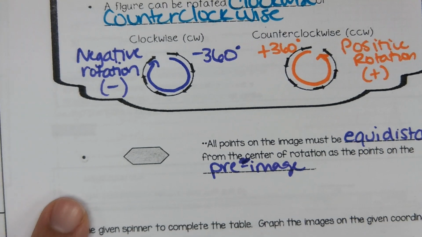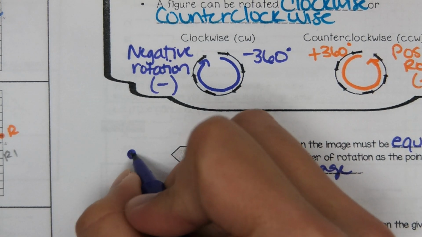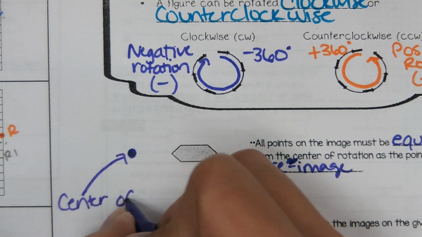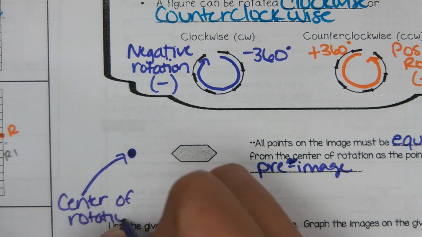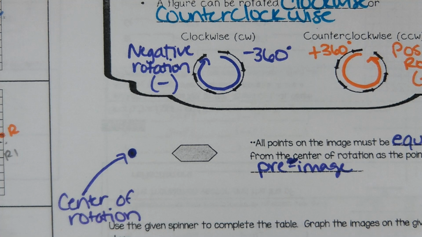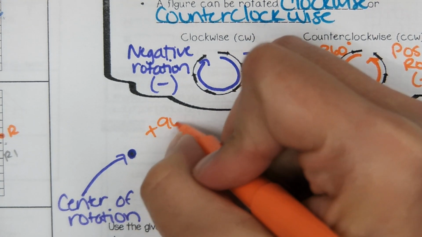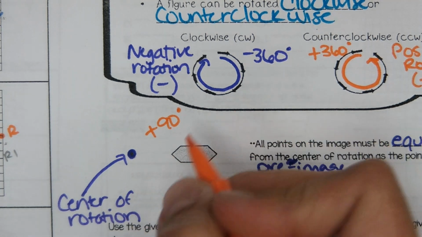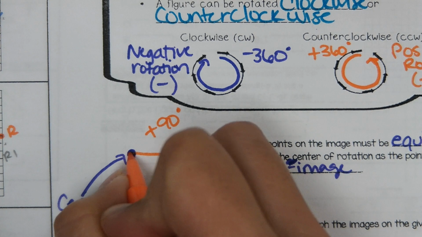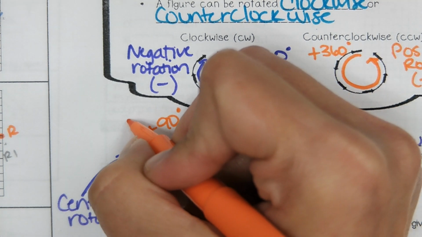Okay, so in this picture right here, this dot is going to be the center of rotation. This is what the shape is rotating around. So for example, if we do a positive 90-degree rotation, this distance right here from the center of rotation to the shape has to be the same over here.